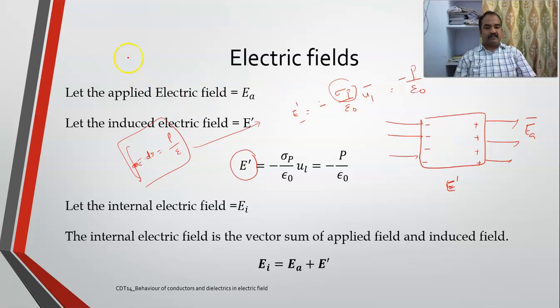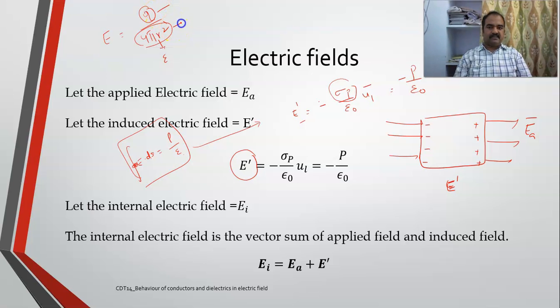If you are still wondering about how you got this equation, we have already done it for a surface charge. What is the electric field intensity? You know the electric field intensity is normally given by Q by 4 pi epsilon r square, where Q is the charge, and 4 pi r square is nothing but the surface of this charge.